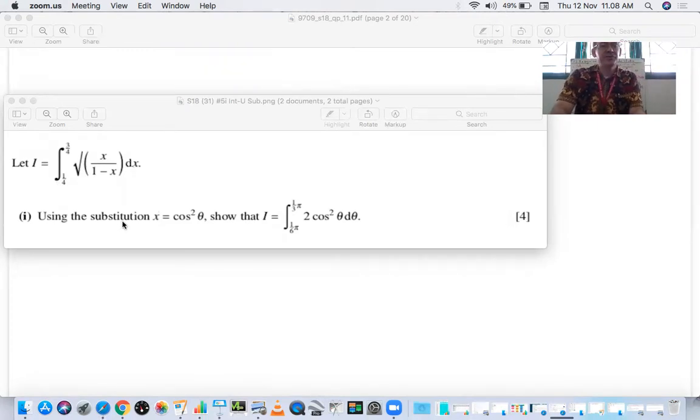Using the substitution x equals cosine squared theta, show that I equals the integral from pi/6 to pi/3 of cosine squared theta d theta. So this time they're not using u, they're changing from x into theta. So let's go to the board.